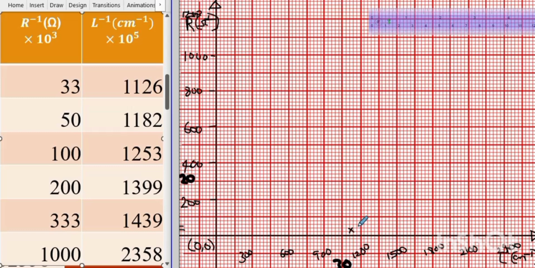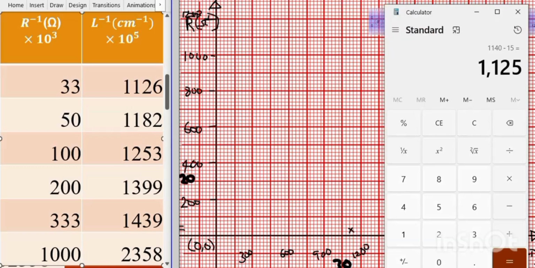And then let's locate the 1182. That one is still falling within 1200. Bring up your calculator. We have 1200 minus 30, that gives us 1170. Let's find the difference between 1170 and 1182.